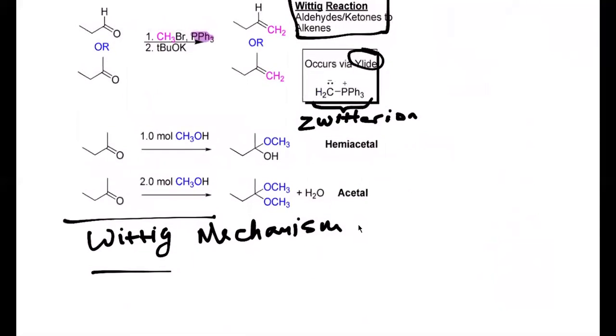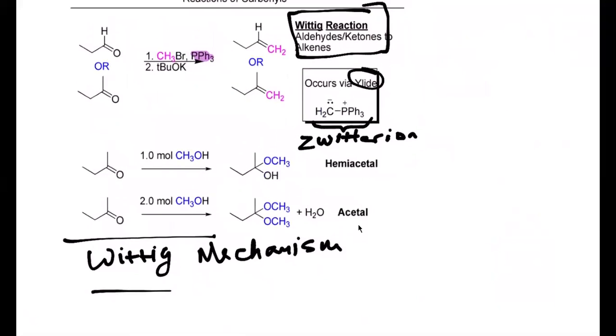So the reagents are an alkyl halide, triphenylphosphine, and then a strong base. So normally what you do is you stir together the alkyl halide and the phosphine, and then you add in the base, stir that at low temperature, and then you come back and pipe in or syringe in your aldehyde or your ketone, right?